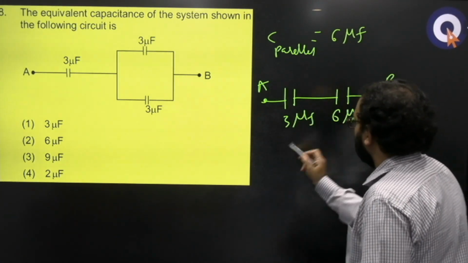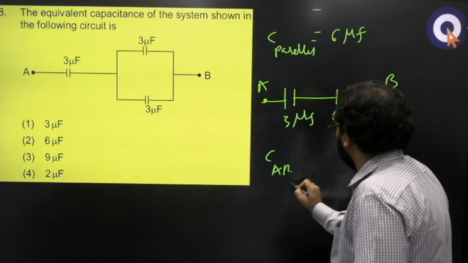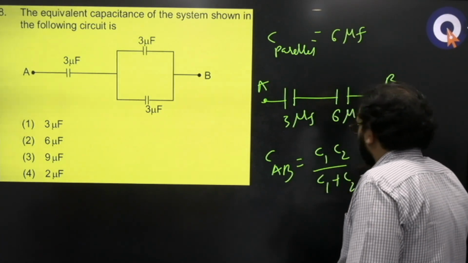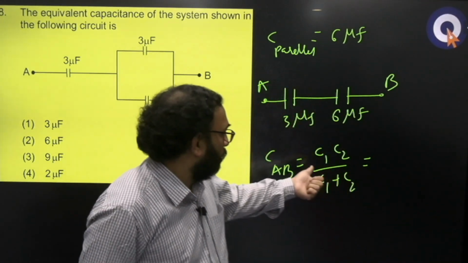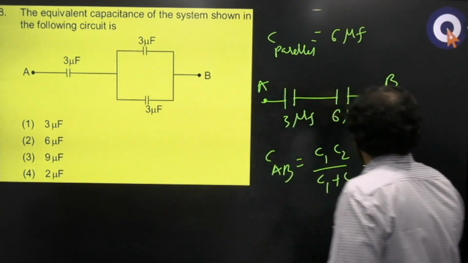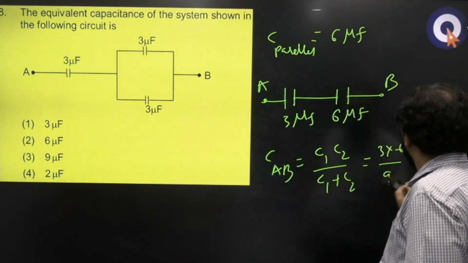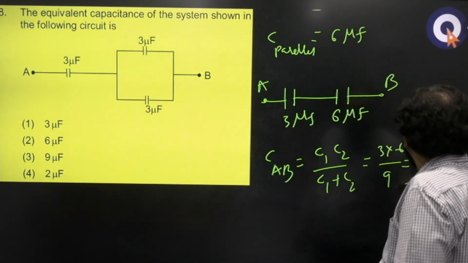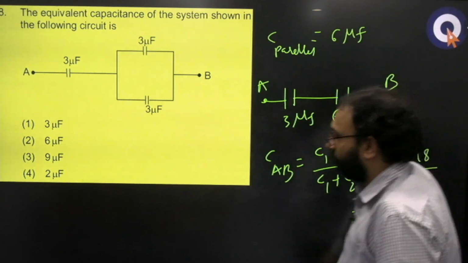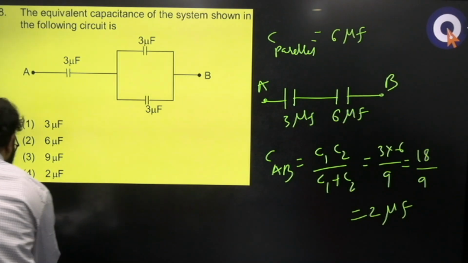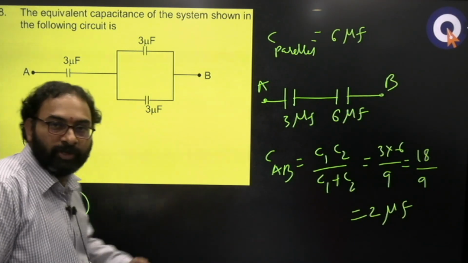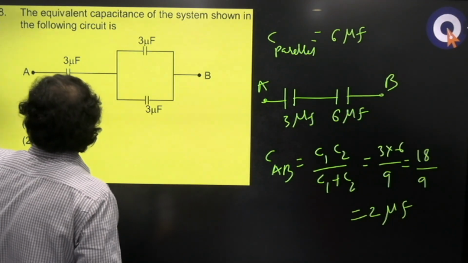C effective across AB is C1 C2 by C1 plus C2, the relation we use for series capacitors. 3 into 6 by 3 plus 6, so 2 microfarad. The effective capacitance is 2 microfarad. The option is 4, 2 microfarad. Next one, we'll proceed to the next question.